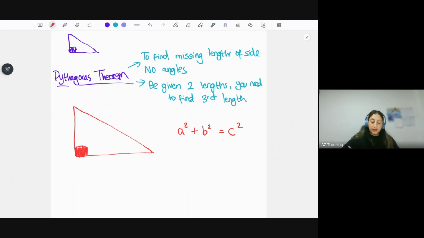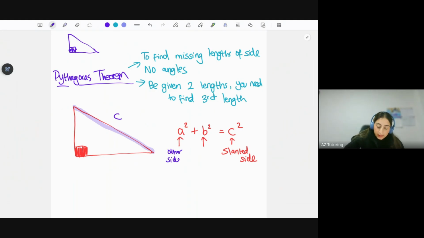What that basically means is that's your length, that's your length, that's your length. The c length is always the longest, so the slanted side, or the slanted length. In this case, the slanted length is this one. So always first label your side C. C is always going to be your slanted length, and A and B are the other two. It doesn't matter which order.